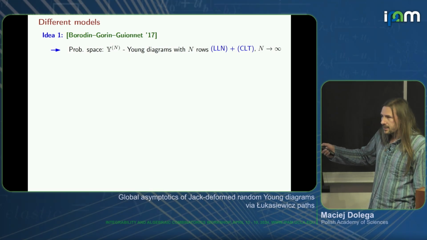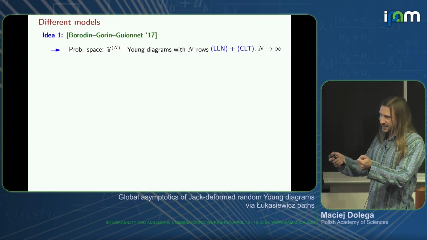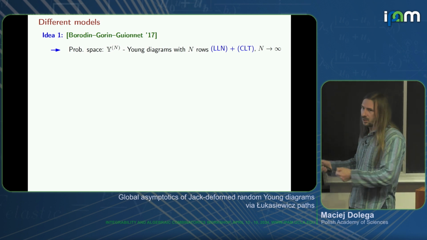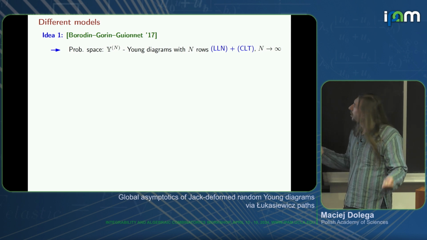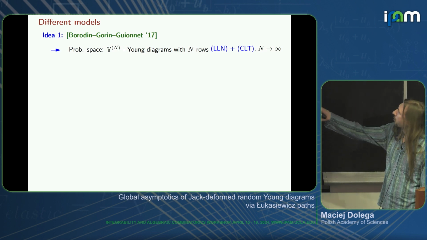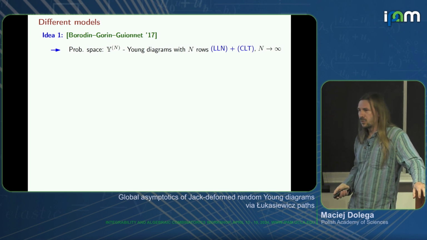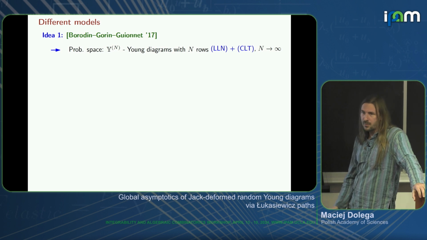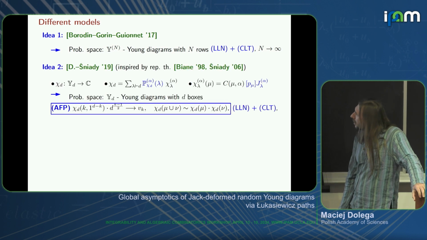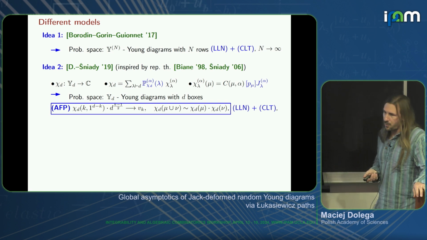Then your probability space, and this is important, is not a probability space of Young diagrams of a fixed size, like with the Plancherel measure, but a probability space where your parameter is the number of rows. And then you take n tending to infinity, and you can ask asymptotic questions. So what they proved for their model is that you have a law of large numbers and a central limit theorem. There is a different idea, which is coming from representation theory.